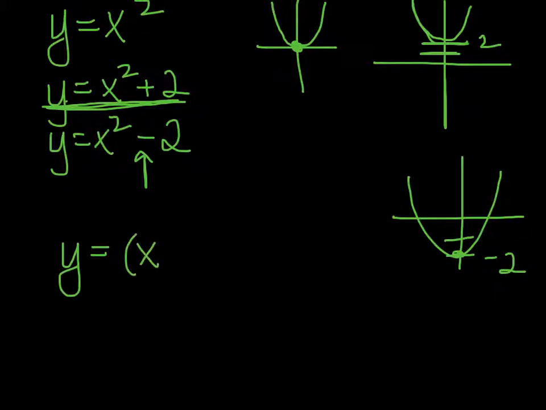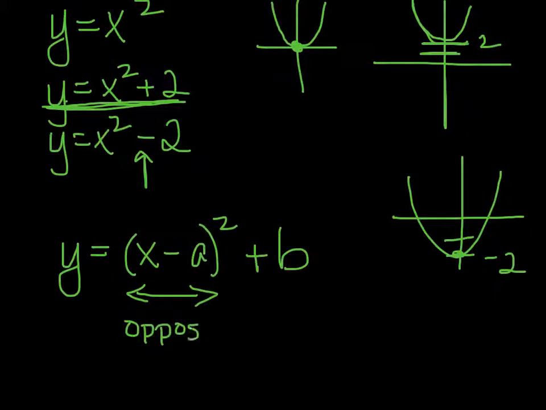Anything inside the parentheses is a horizontal shift, remember, in the opposite order of the sign. Anything outside the parentheses is a vertical shift, and that would be in the exact order of the sign. If it's a plus 2, you go up 2. If it's a minus 2, you go down 2.